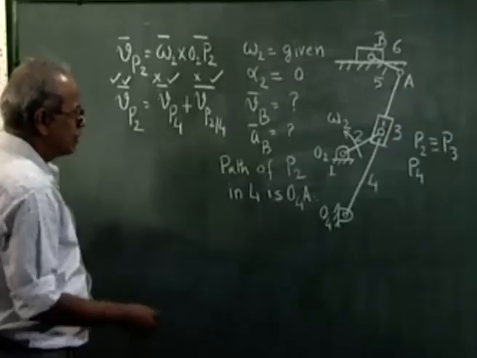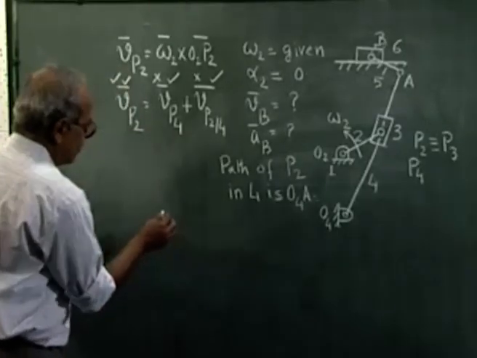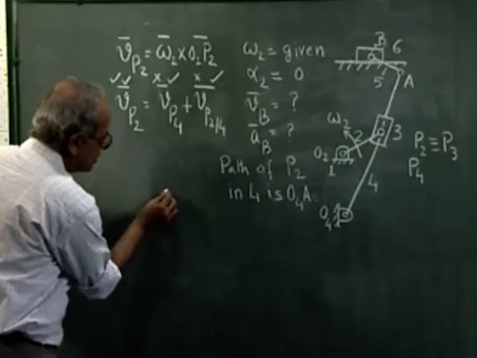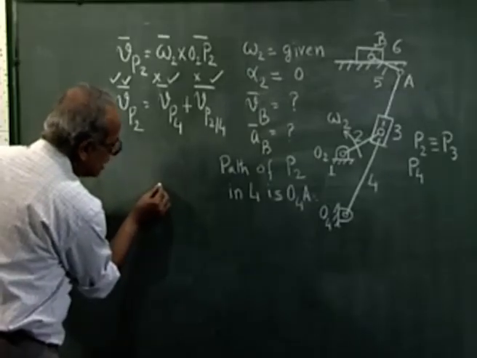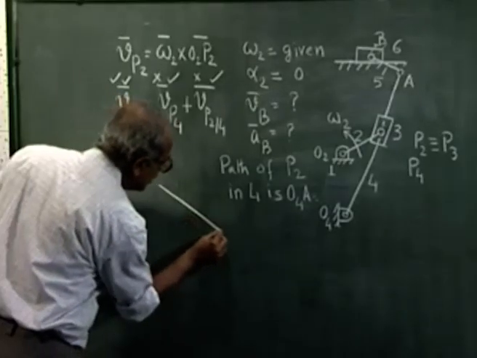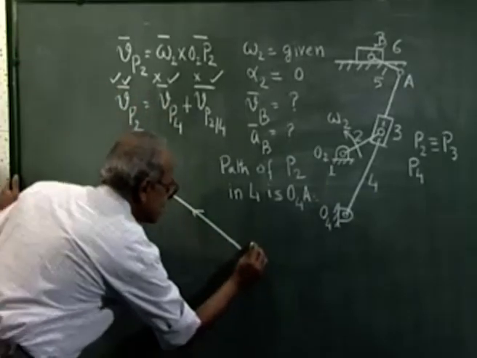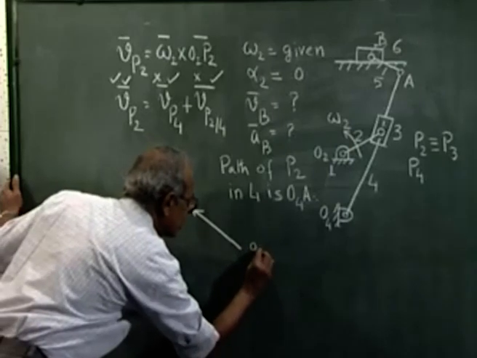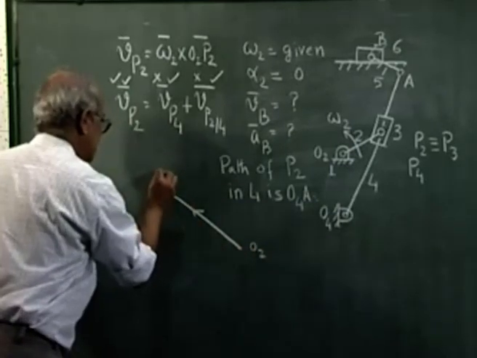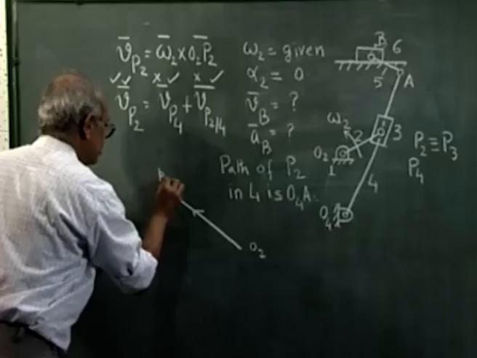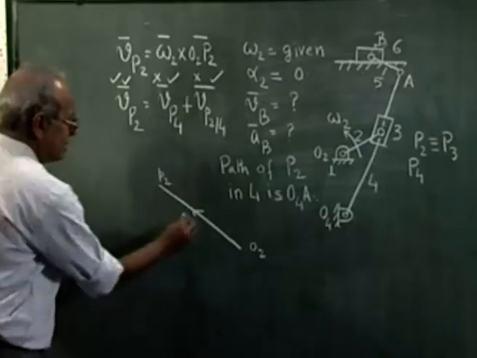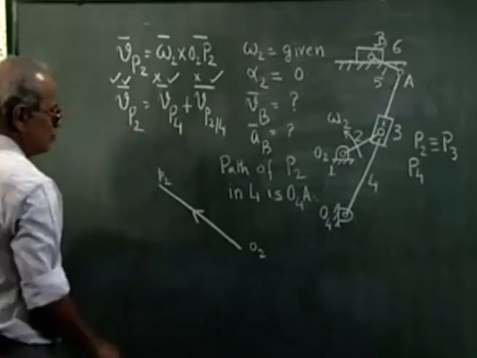Let me try to draw it to some scale. Velocity of P2 is perpendicular to O2 P2. Let me draw it by this vector. So this, as I said, we represent by small letters o2 and p2, representing the vector Vp2.